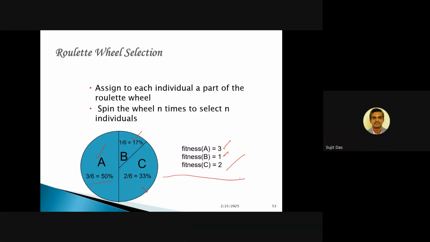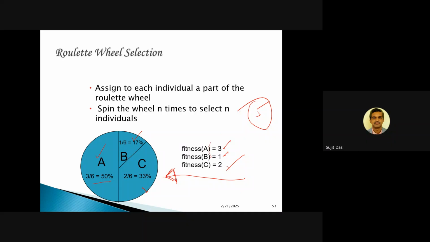Now let us say you are fixing some point here and spinning the wheel 5 times. Can you tell which solution will be selected in more number, or which one will be selected in less number?